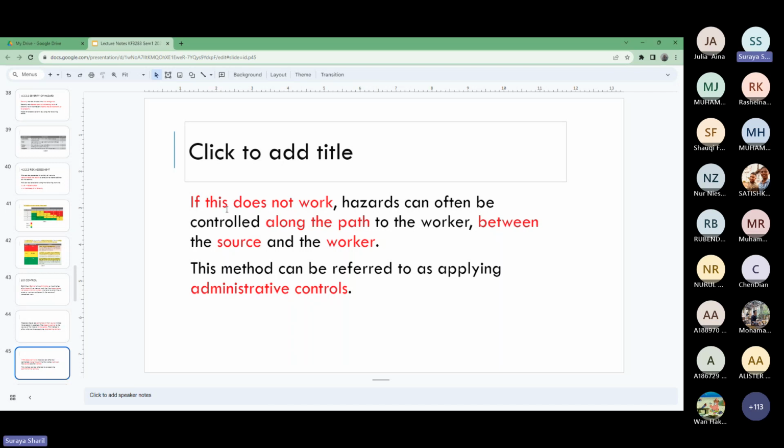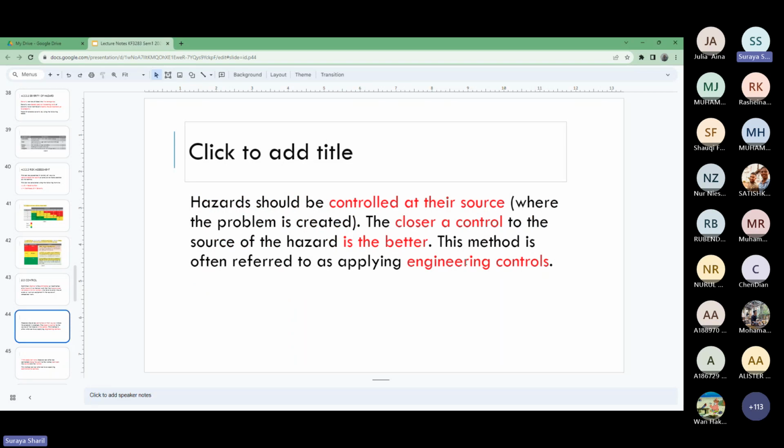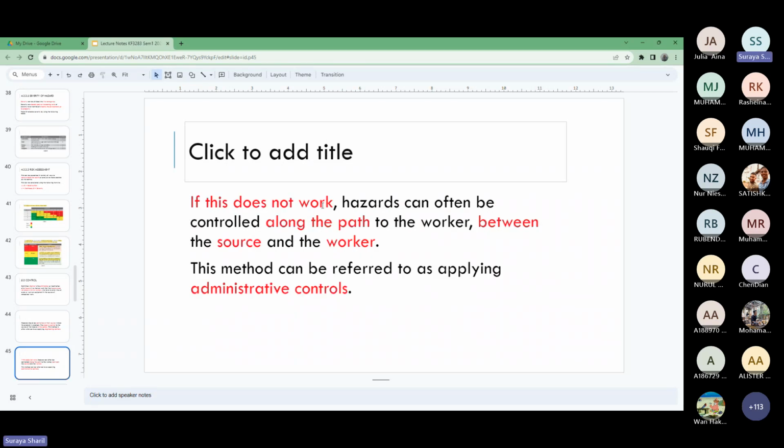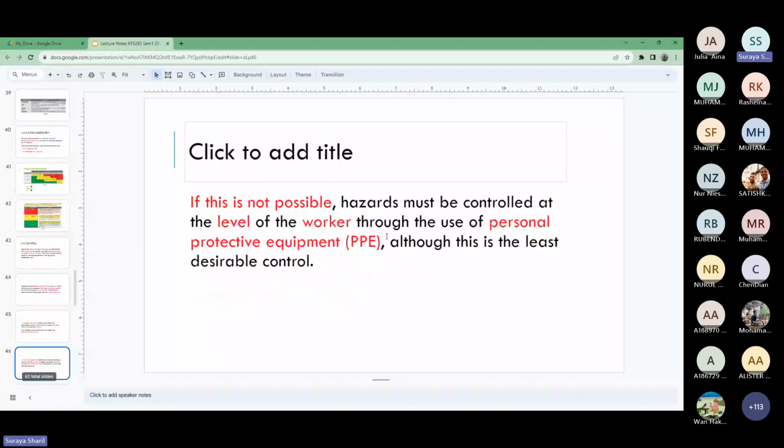If the first control, which is the engineering control, is not possible or does not work, the hazard can often be controlled along the path to the worker, between the source and the worker. So this is the second one, which is administrative control.